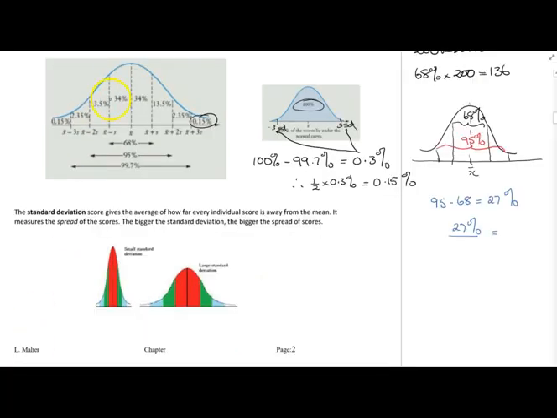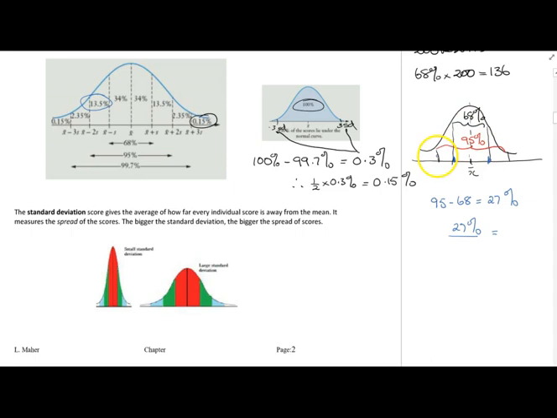Okay, so now for an explanation of where this 13.5 comes from. I refer back to our normal distribution with our mean in the middle, going 1 standard deviation down and 1 above, we get 68% of the scores lie there.